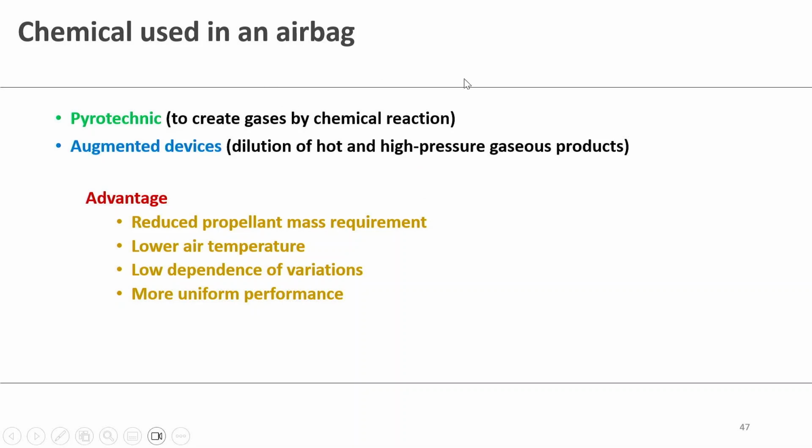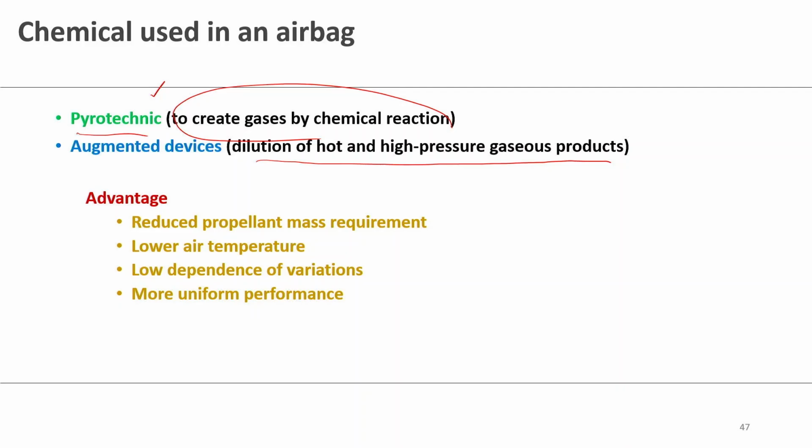The chemical used in an airbag is basically pyrotechnic, to create gas by chemical reaction. This pyrotechnic is used in the airbag, along with the augmented devices, which dilute the hot and high pressure gaseous product.